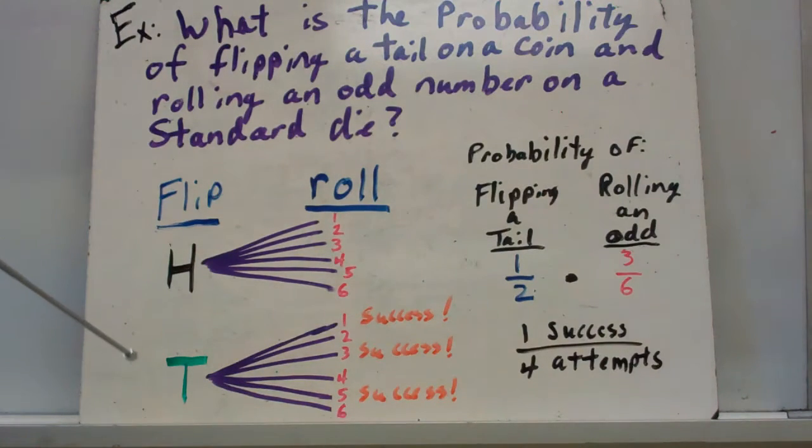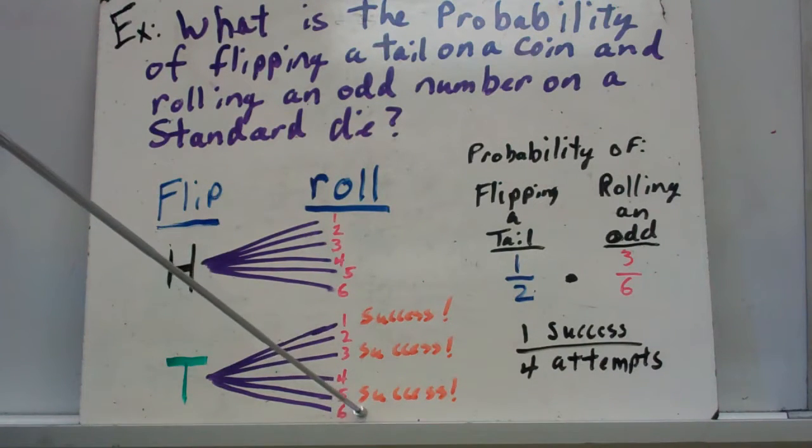If we flip the tail, that would be one success out of two possibilities, so we're already doing pretty well. And then we roll our die. If we roll a 1, it's a success. A 2 is a failure, 3 is a success, 4 is a failure, 5 is a success, and a 6 would be a failure.